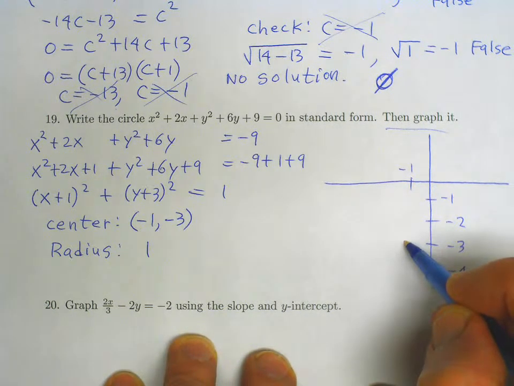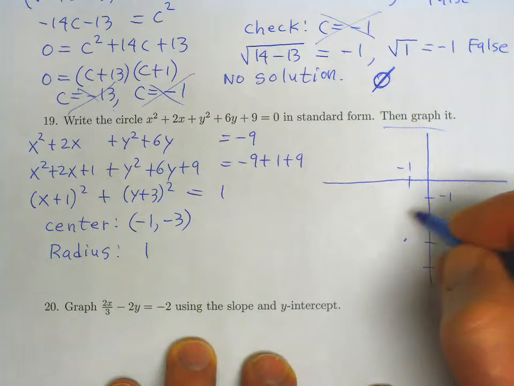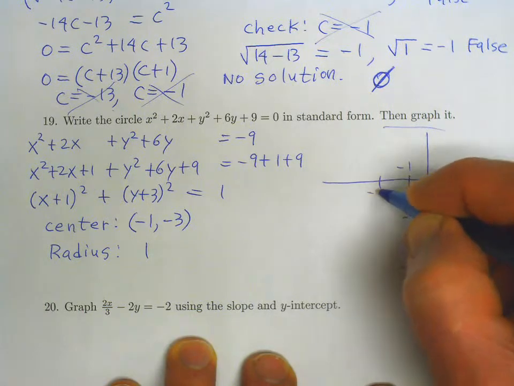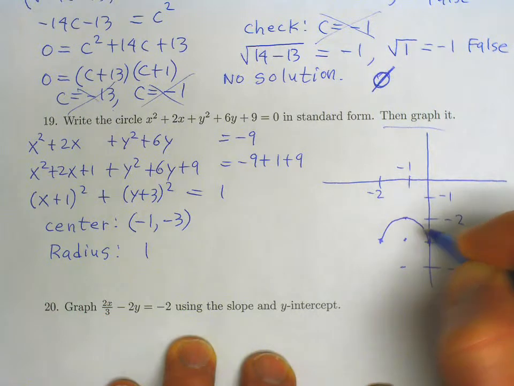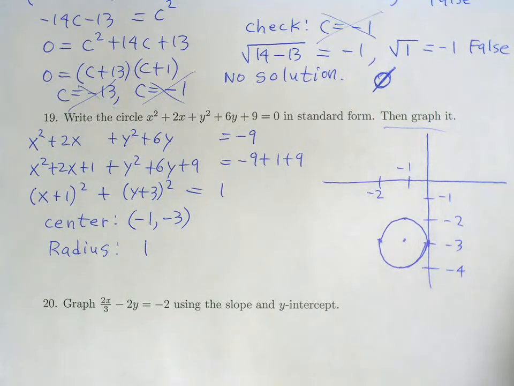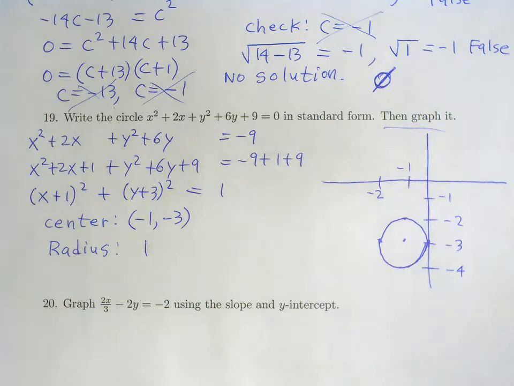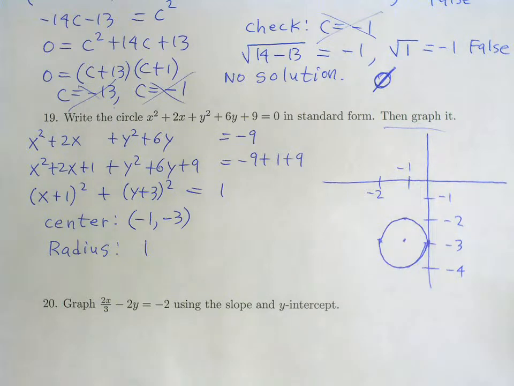So it's not part of the circle, but there's the center and the radius is 1, so we can plot points on the circle and then connect the dots, something like that. On the Newton final exam, if there's a question like this, you'll have to do the same sort of thing you did in lesson 11.1, where you graph a circle.